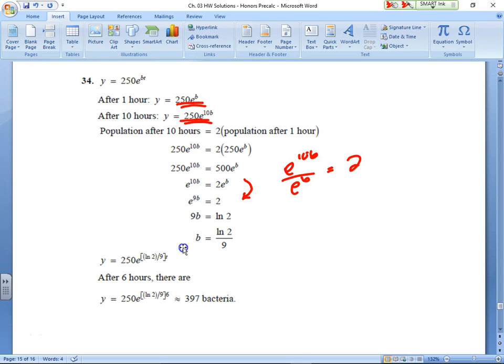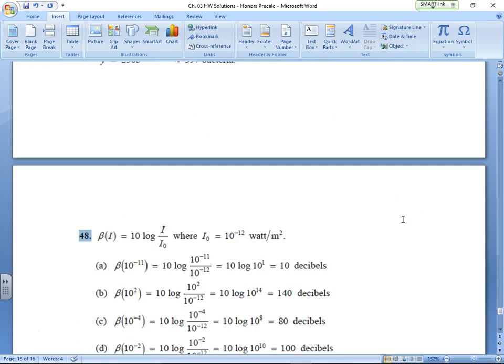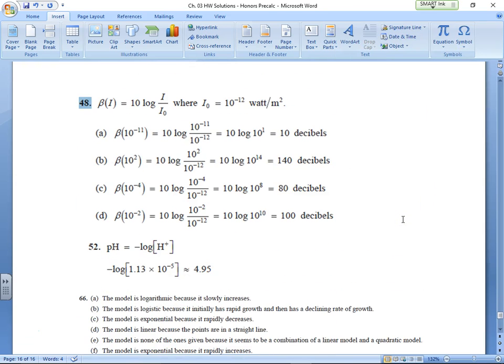Ln both sides, get that e out of there, divide by 9 for the b. Then we plug in the b and they say now time is 6. So now all we have to do is plug in 6 and use our calculator to solve. Final answer, 397 bacteria. Number 48.